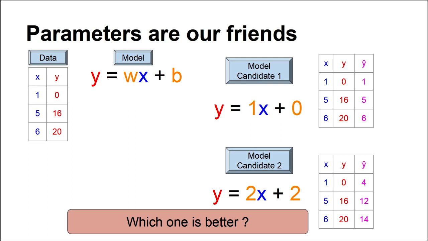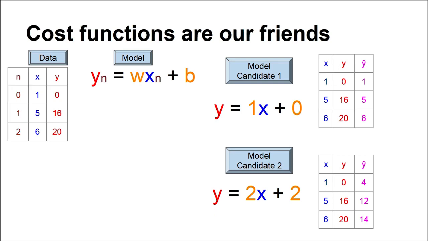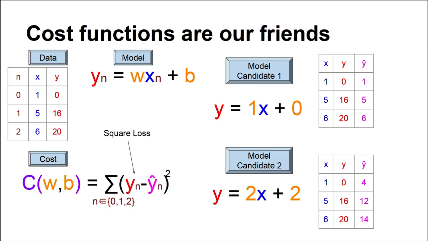And until we can actually answer this question, there's nothing we can do, because we cannot evaluate which model is better. So we don't even know what the meaning of one model being better at this task than another model is. So what can we do? Okay, we need to define a cost, and the cost is basically what's going to tell us, given the parameterization w and b, how good or how bad the model is.